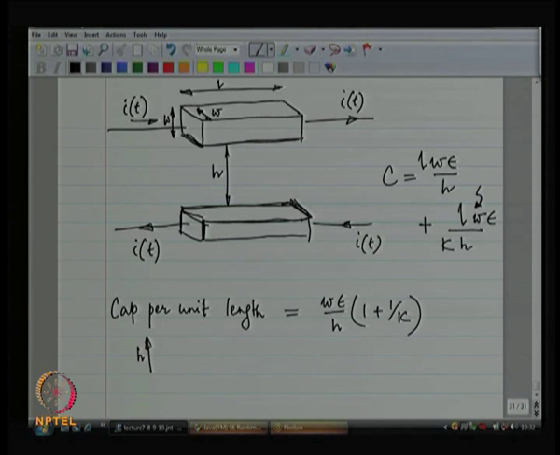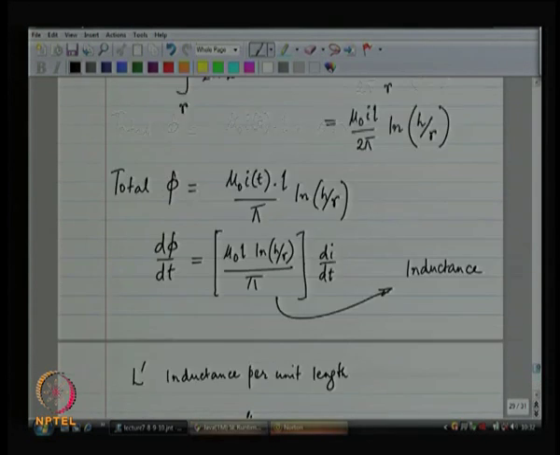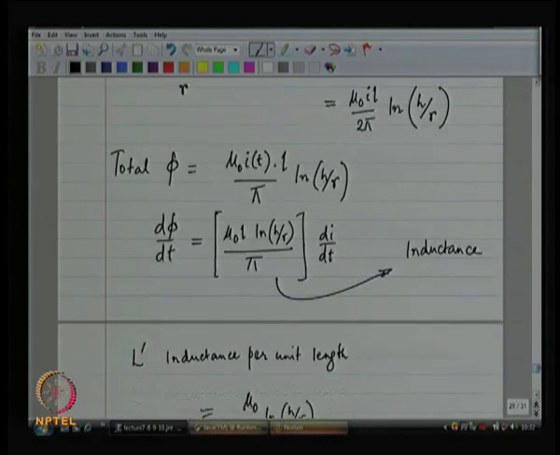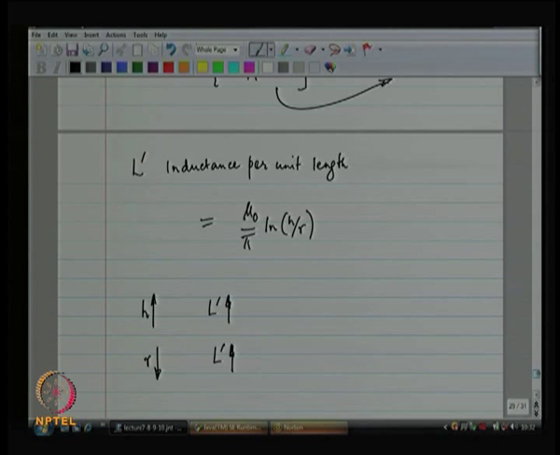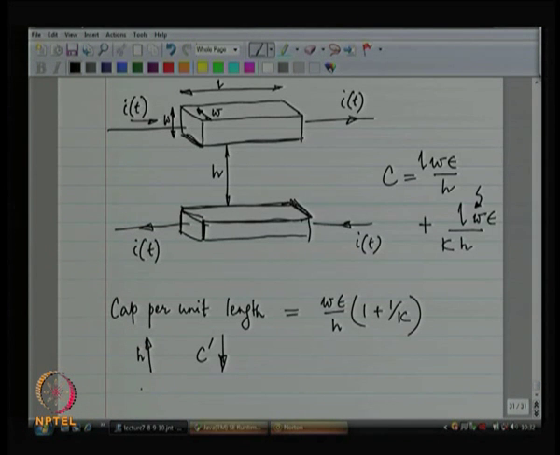If I increase the separation, the capacitance per unit length decreases. If I decrease the radius of the wire, my inductance increased. If I decrease the width, and width is comparable to radius because we chose a square cross section, capacitance per unit length is also going to decrease.